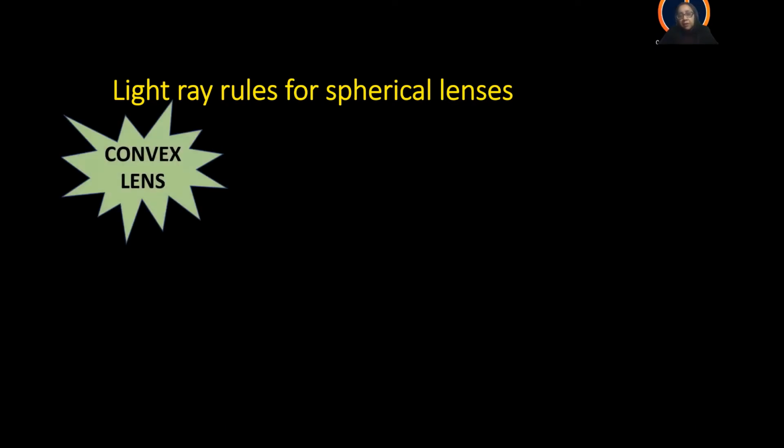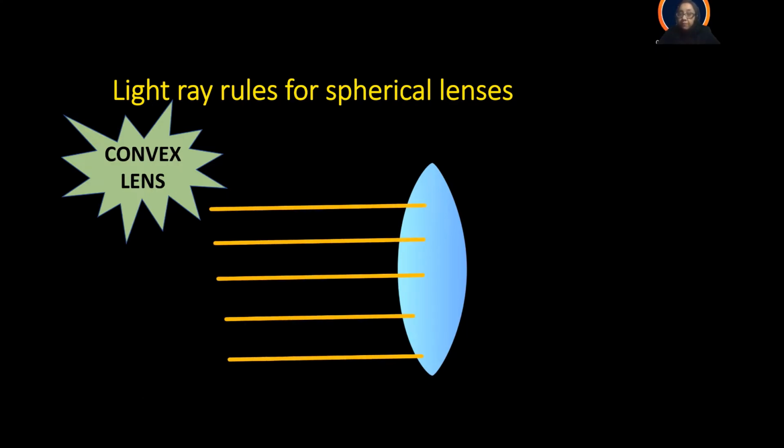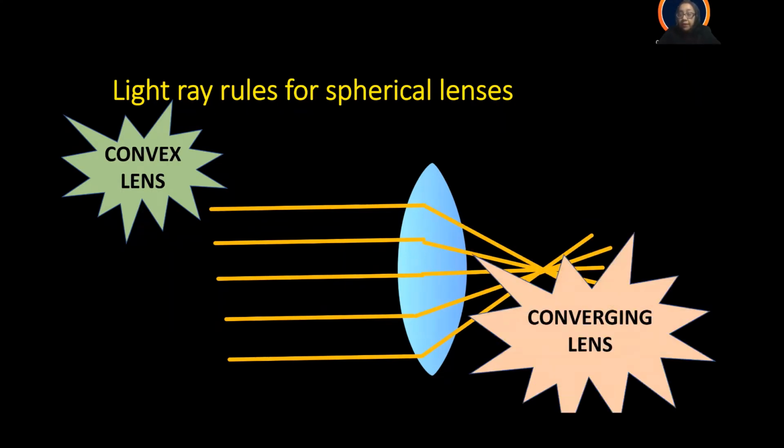What is the first lens we are going to consider? That is a convex lens. And convex means what? It is bulged from outside. This is a lens which is bulged from outside, with both surfaces bulged. Now, if a parallel beam of light strikes this lens, then all the rays of light converge at a particular point on the other side of the lens.